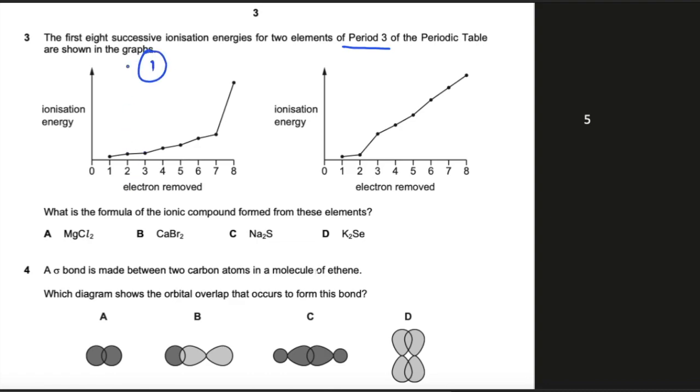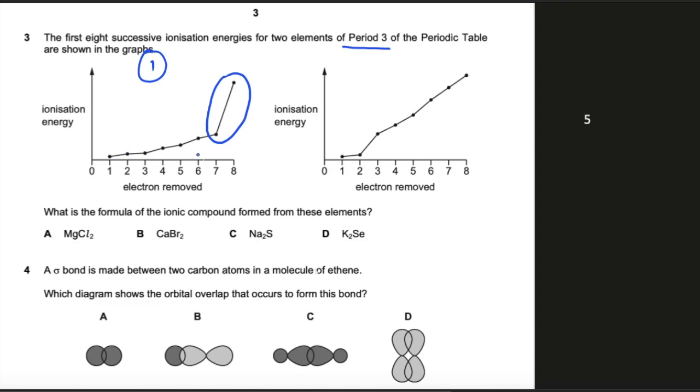Graph number 1. Gradually ionization energy is increasing when you are removing the electrons successively from the same atom, but there is a big jump when you remove the 8th electron. You can see this big jump after removing the 7th electron.